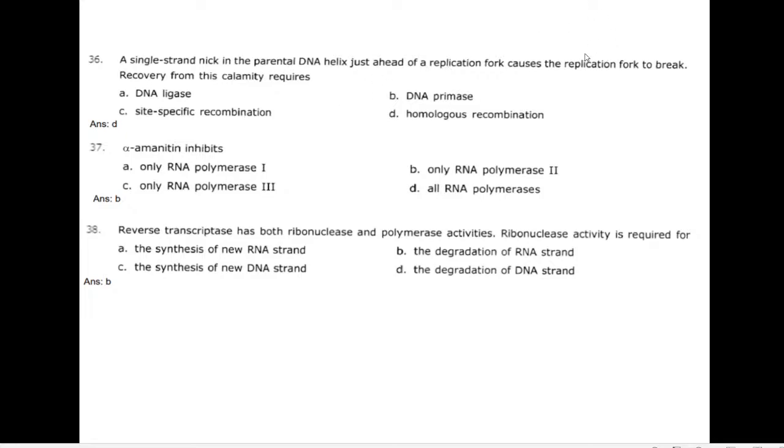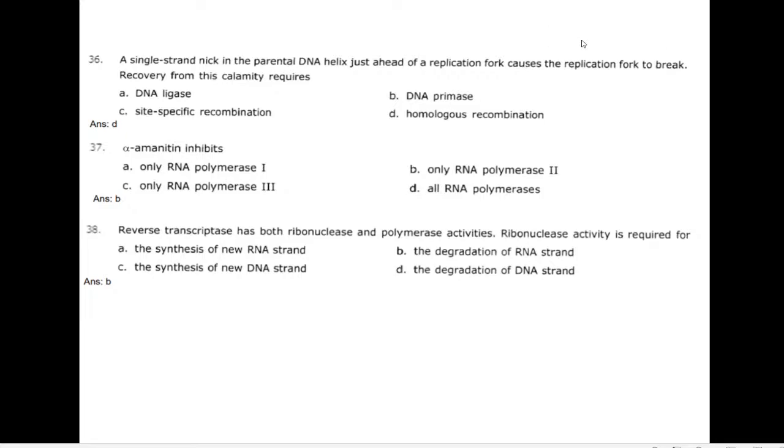recovery means they want to stop this, or they want to change the habit. So for that we need to change this process. For the change, what we want to do is homologous recombination. Whenever you do homologous recombination, you can easily stop this process, that is, stop the breaking of the replication fork.